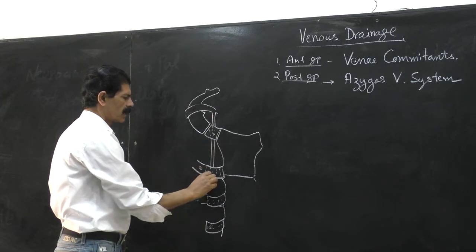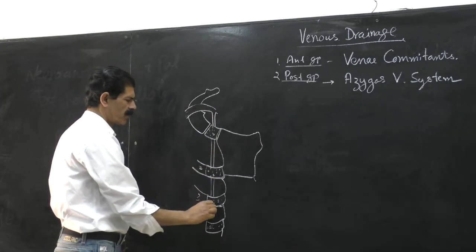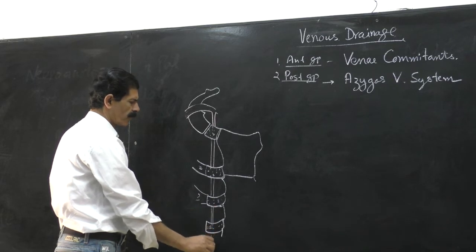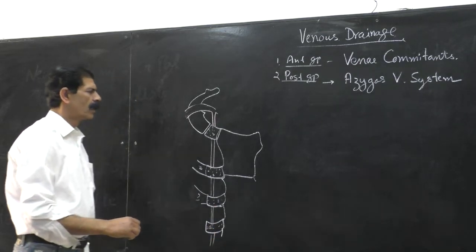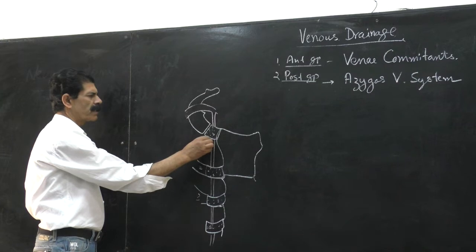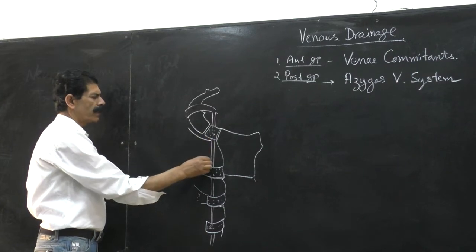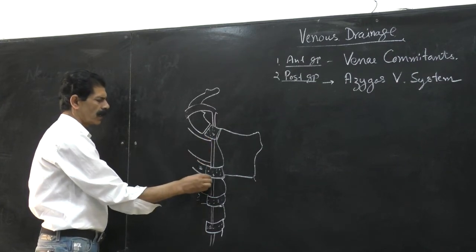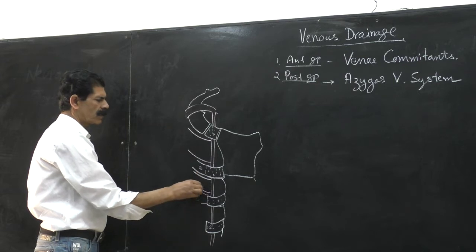It runs in front, and in each intercostal space is divided into superior and inferior anterior intercostal arteries.